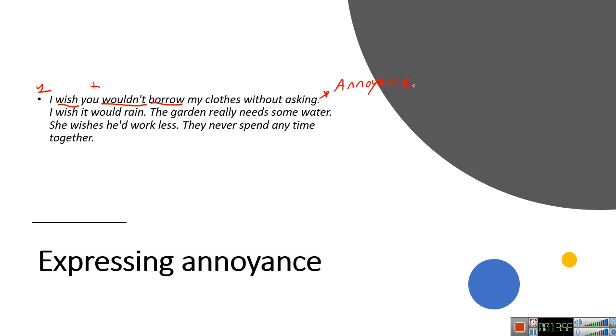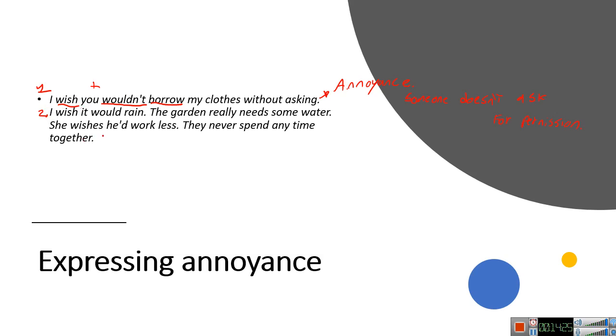Okay, so what annoys me here is that someone doesn't ask me for the permission to borrow my clothes. Doesn't ask for permission. That's what annoys me. It's really annoying when someone does that, right?